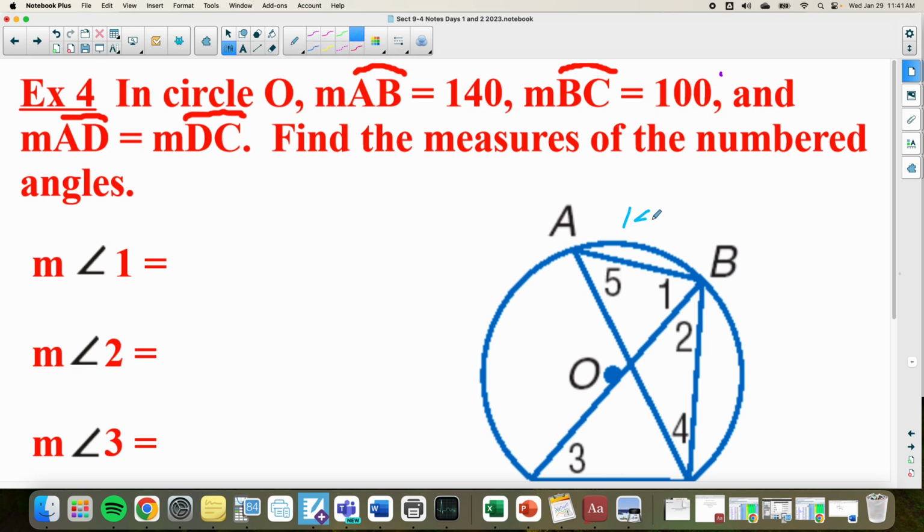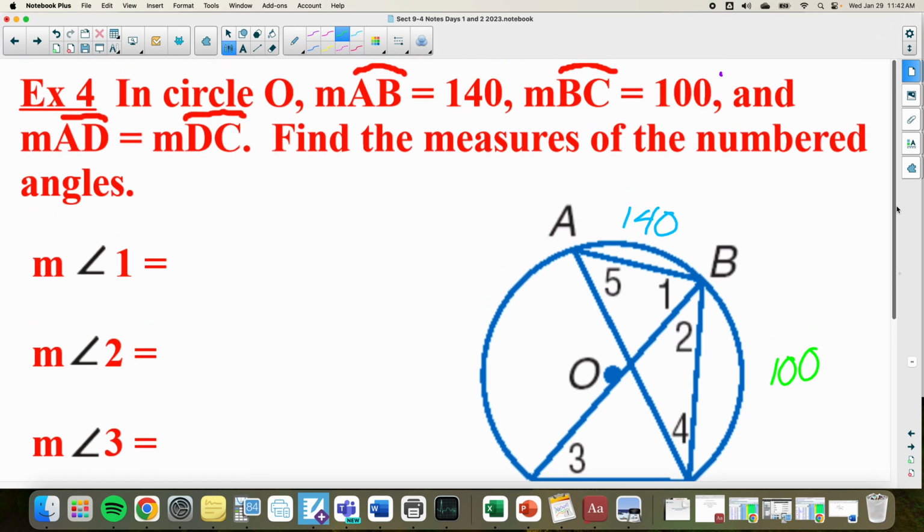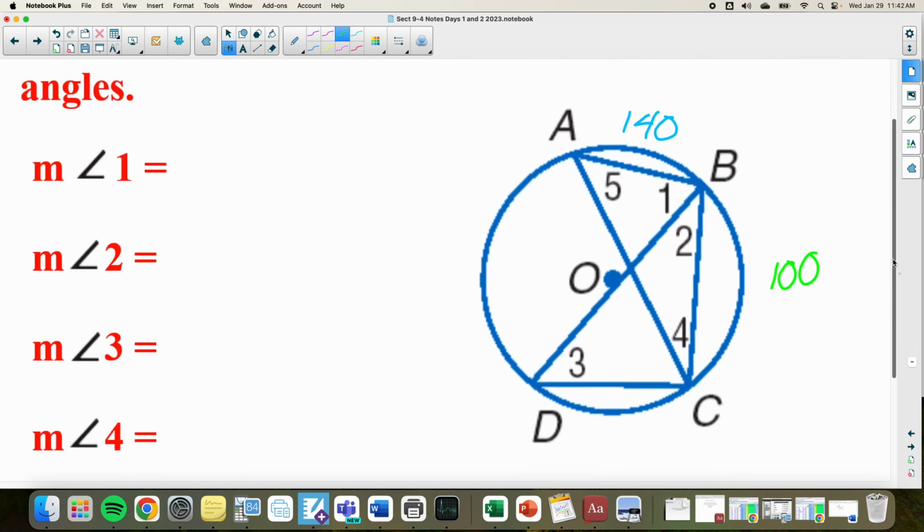So that means this right here is 140. Then it says from B to C is 100. Well, that doesn't look right, right? This one's much smaller, but yet it's bigger. Then it says arc AD is equal to arc DC, which again doesn't look right, but when they say that, you just kind of have to believe it and go with it, okay?